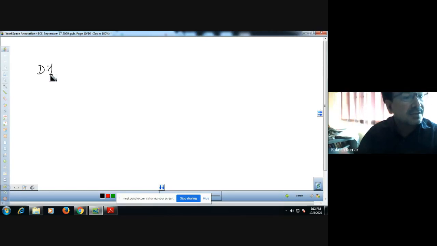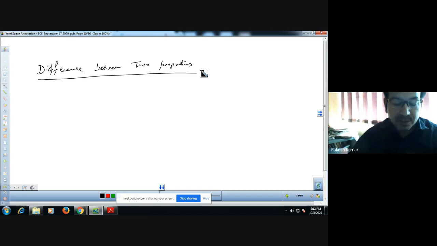So we shall discuss the difference between two proportions. It is also very easy to check, and for this we should have two samples.